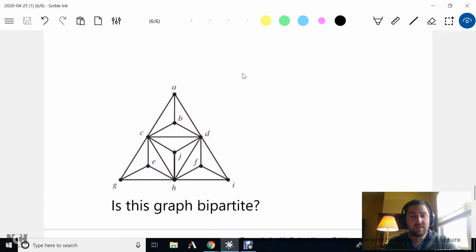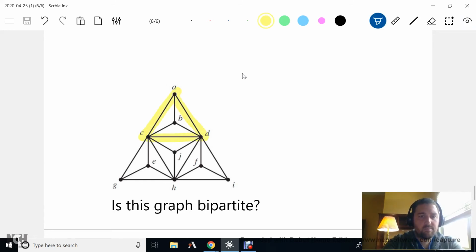If we look at this one here, is this graph bipartite? Well, that's a lot of vertices, right? That's 4, 5, 6, 7, 8, 9, that's 10 vertices. I don't want to do that, so I just look to see, okay, is there an odd circuit? Oh, there's a circuit that has a length of 3, so no, it's not bipartite.